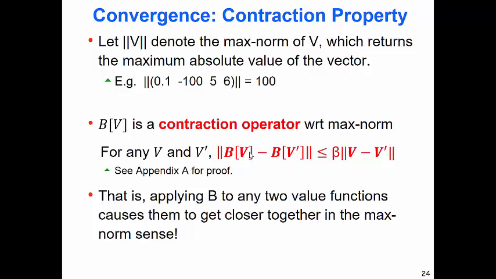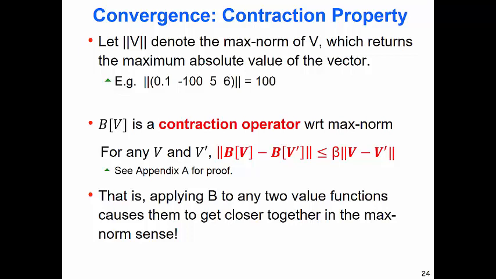But they're somehow all getting closer to one another, and if you applied it to these results, they would get closer still. So it feels like they're all converging to one thing, and that's what operator theory tells you. If you've got a fixed point and you have this property, and it has to be the right type of contraction, they're going to converge to a fixed point. There's just one fixed point in this problem, so you're going to converge to the optimal value function. Think of it as a big sphere, a balloon, just collapsing to a fixed point.